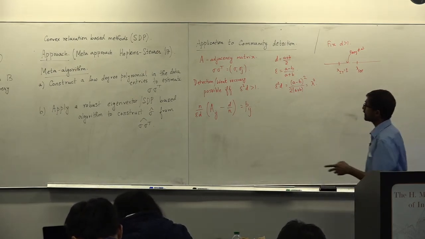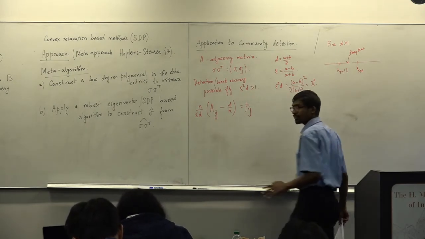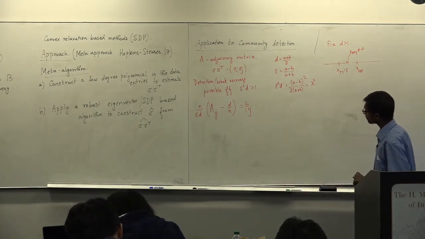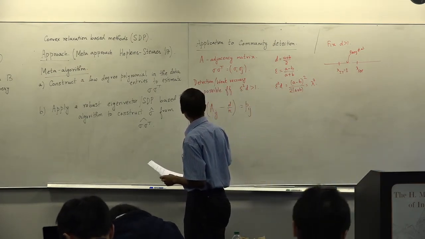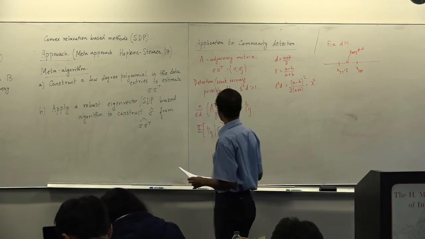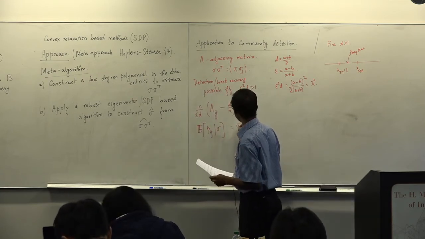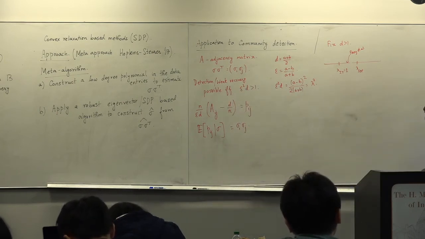And this is a low degree polynomial in the data. This is a linear polynomial, a polynomial of degree 1. And if you look at its expectation, then this turns out to be exactly sigma I sigma j. This you can calculate.